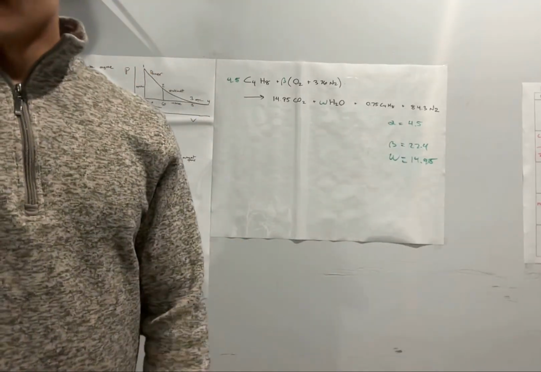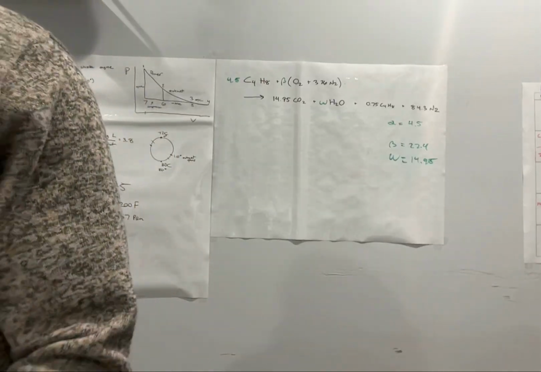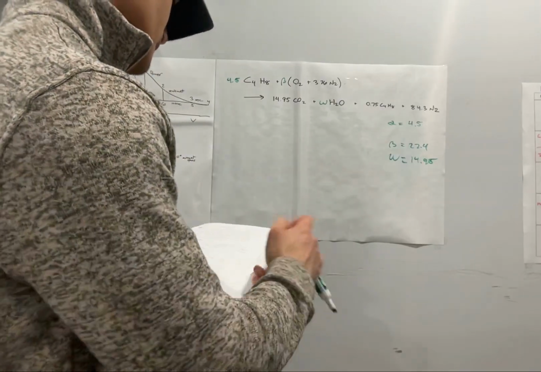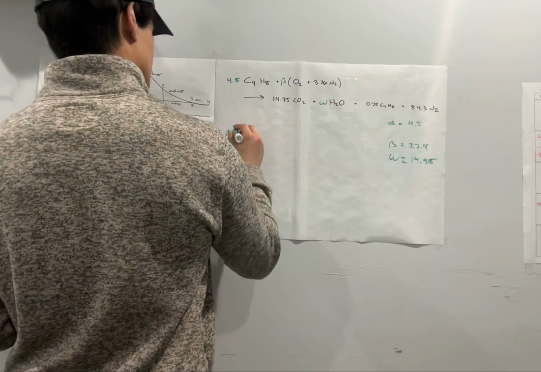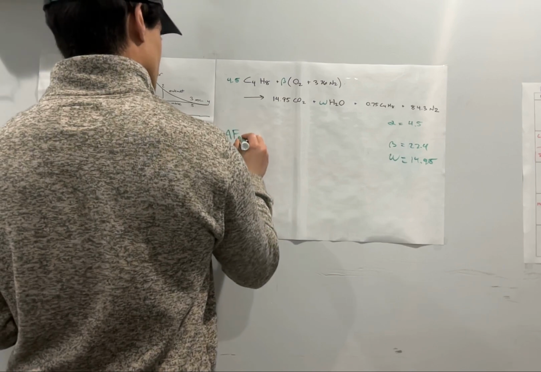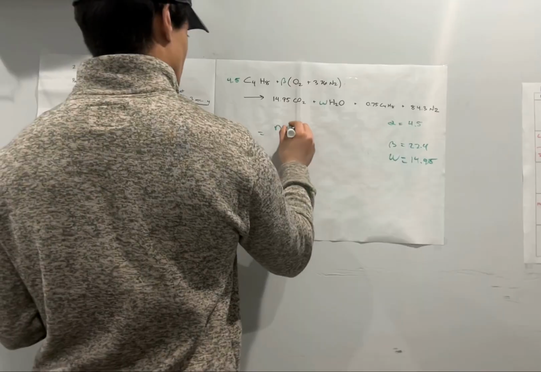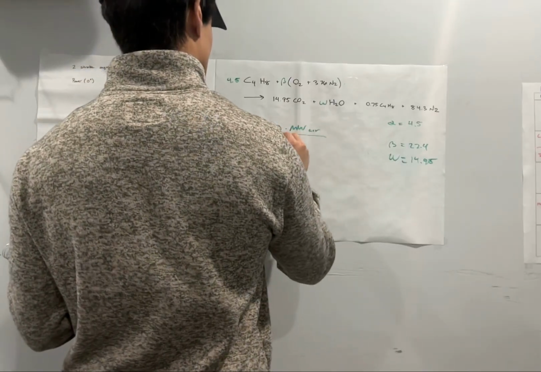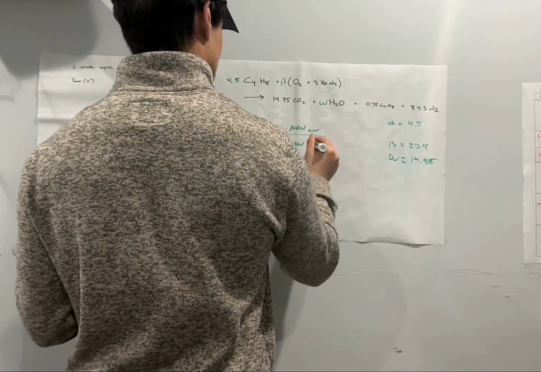I'm not going to plug it back in, but there you go. So this is your balanced chemical equation for the real case. And then from there you could get the air-fuel ratio. Air-fuel for real is going to be equal to number of moles times molecular weight of air, over number of moles times molecular weight of fuel.